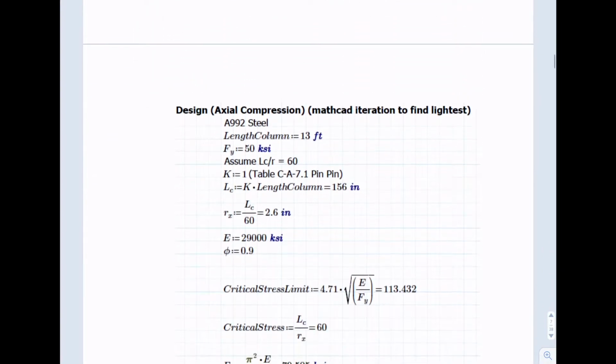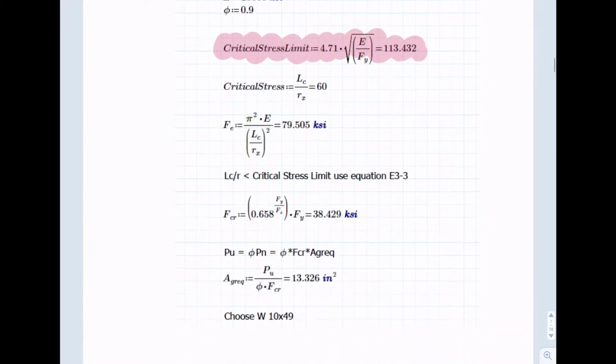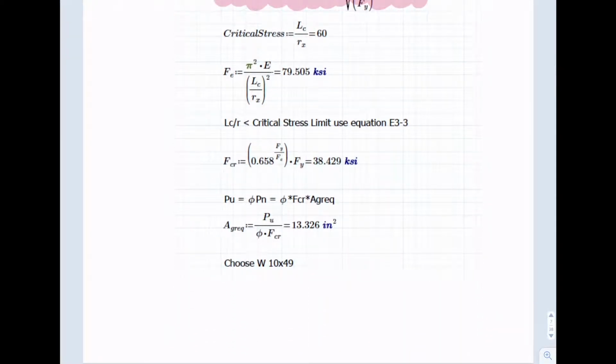So what you see on the screen now is A992 steel was used. The length of the column, as you know, is 13 feet. Critical stress limit was implemented to find what equation must be used to design for compression, which was 3.3. FCR value was found and then plugged in to find the required area.